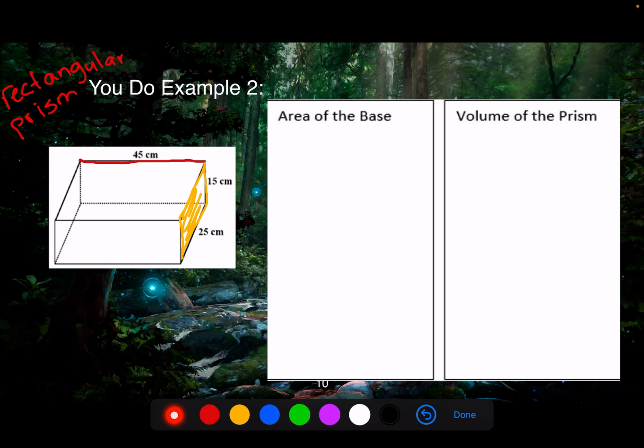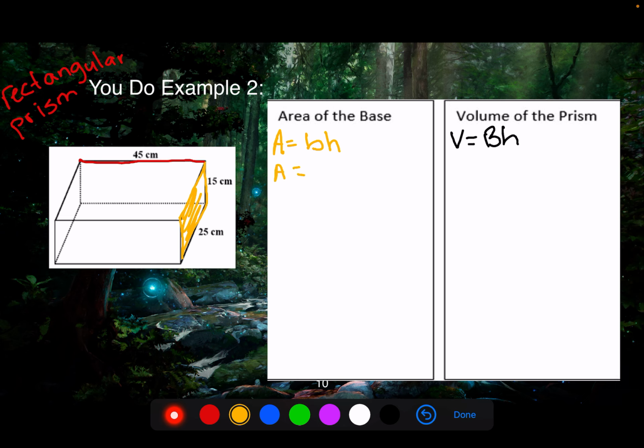So your formula should have been the same. Area of the base times height. Here you have area, it's going to be the same thing. Area of a rectangle. So again, your formula should have been the same. It should have been A equals base times height.